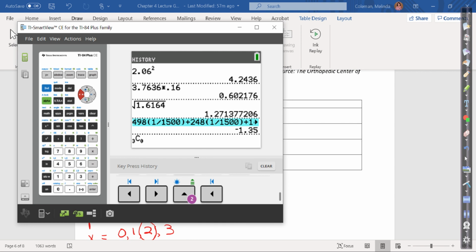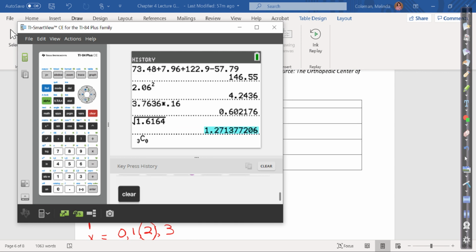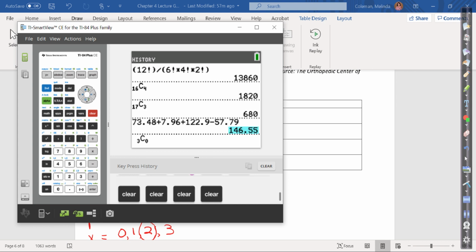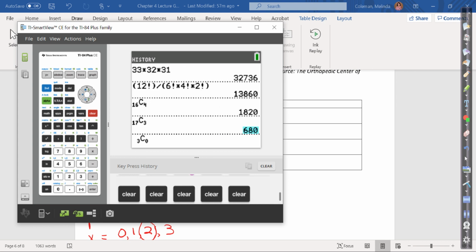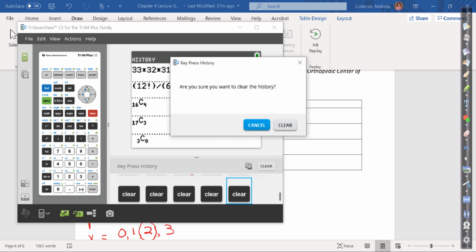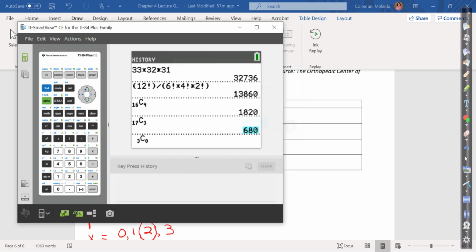I'm not really sure what's going on in my calculator. Let me clear it all out and start again. Yes, let's clear the history.